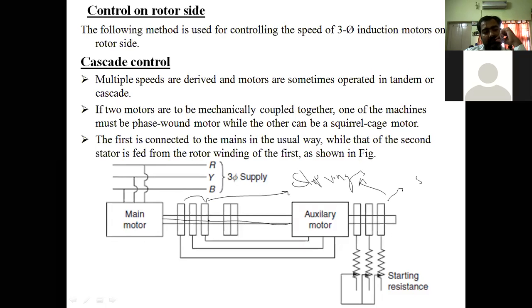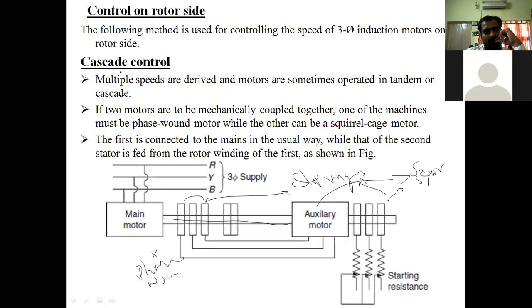While considering these two motors, before coupling one motor to another, we have to note two important things. One motor should be a phase wound motor, and the second one should be a squirrel cage motor.